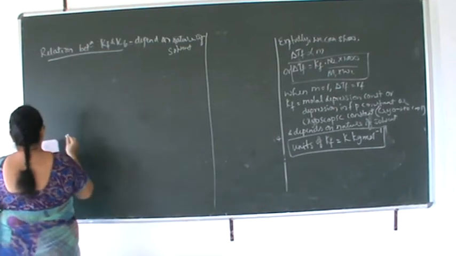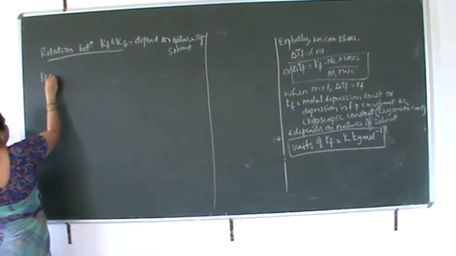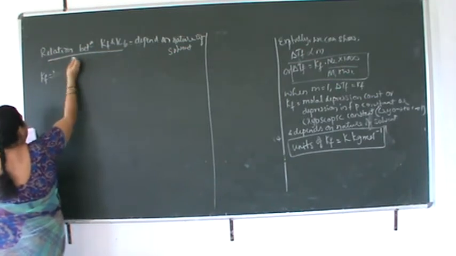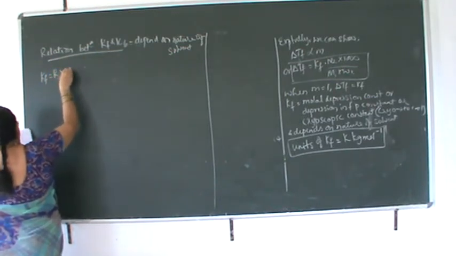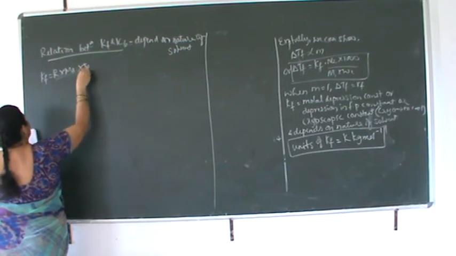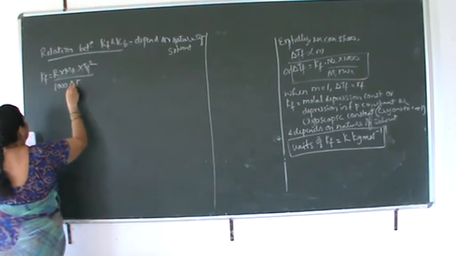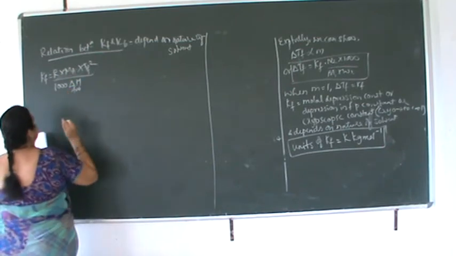I will give you the relation. Kf is equal to R into Ma into Tf square divided by 1000 into delta H fusion.